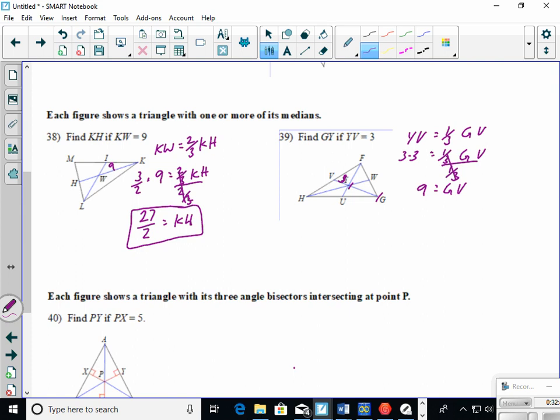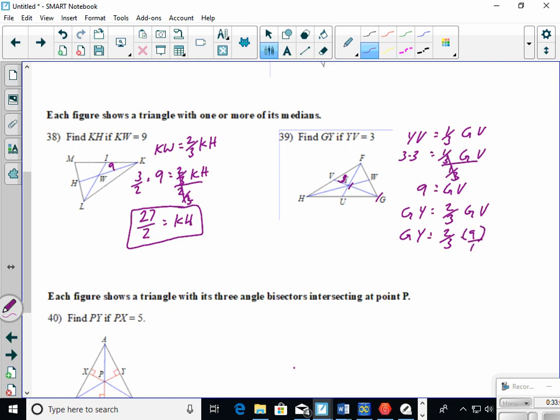and GY is the vertex to the centroid, so it is 2/3 of GV. GY equals 2/3 of 9.